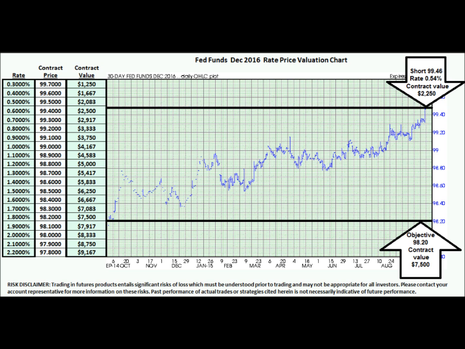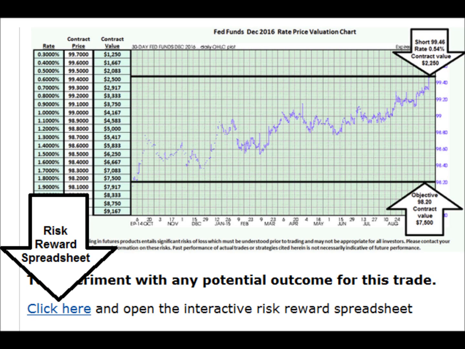My objective is consistent with Fed expectations for this rate by December 2016 at 98.20, representing a rate of 1.80%, contract value $7,500. In other words, if the Fed is right about the rate they set, this contract will appreciate between now and December 2016 from $2,250 to $7,500.